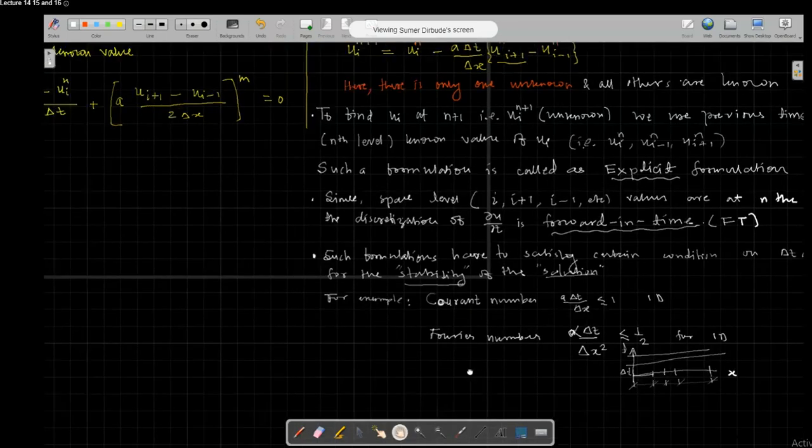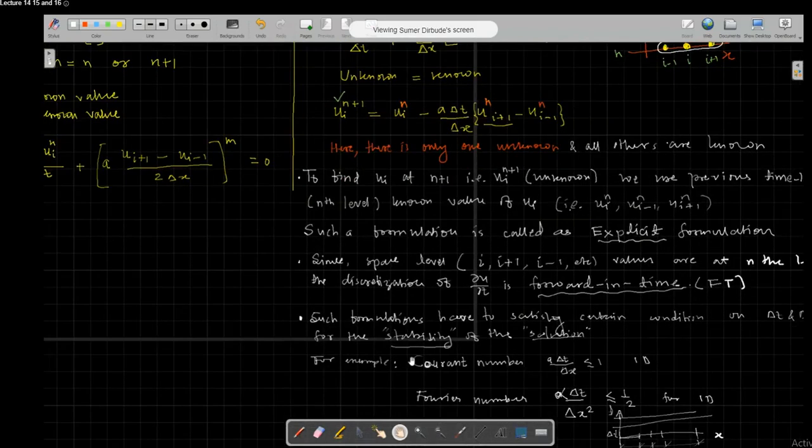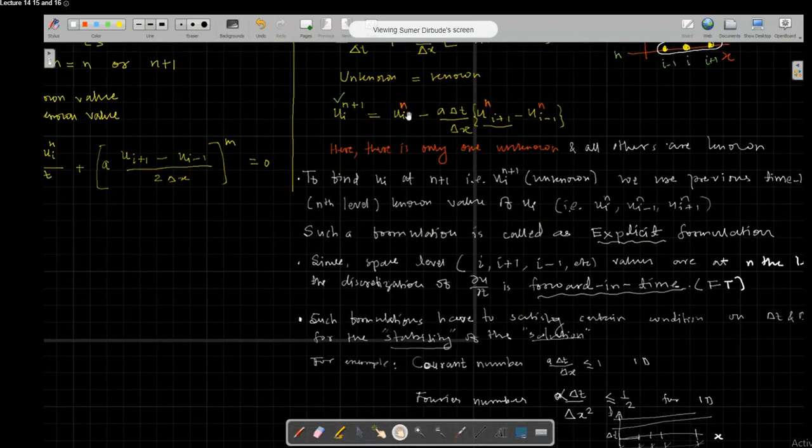So you have to be very careful if you are solving this problem. But now this problem, if you see, is like plugging in the values of u i n, u i plus 1 n, u i minus 1 n, and getting the value of the left hand side.